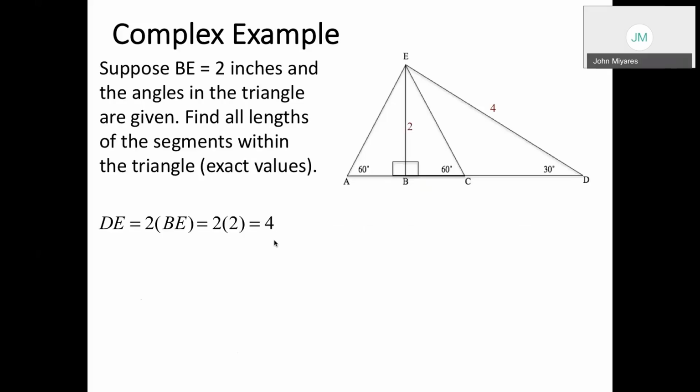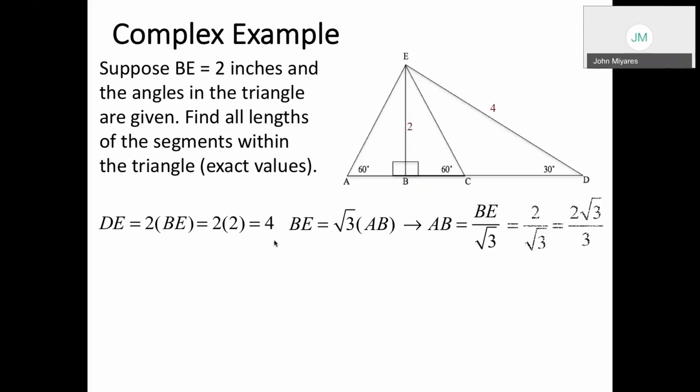Now looking at triangle ABE, side BE is the long leg of that one, and side AB is the short leg. So we could say that segment BE is the square root of 3 times the length of AB, which will divide out as AB equals BE over root 3, which after rationalizing gives us a length of segment AB as 2 root 3 over 3, which I can label here.